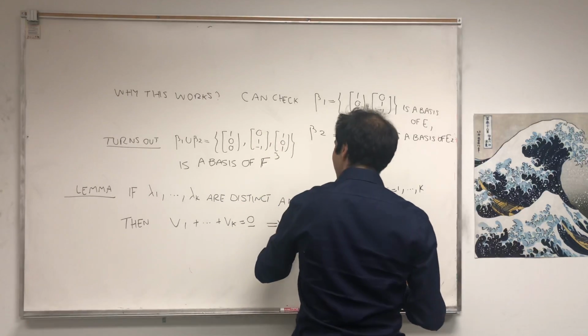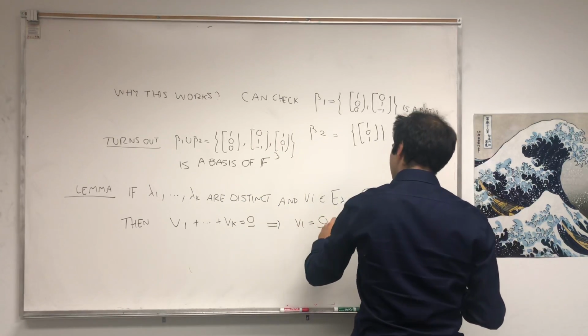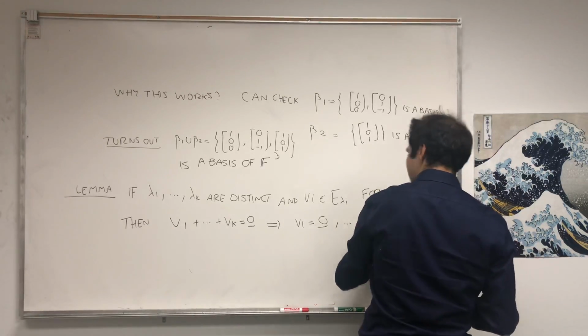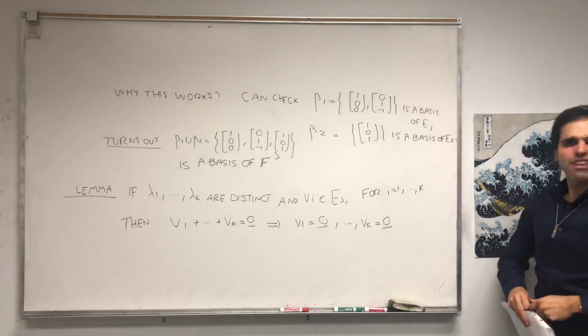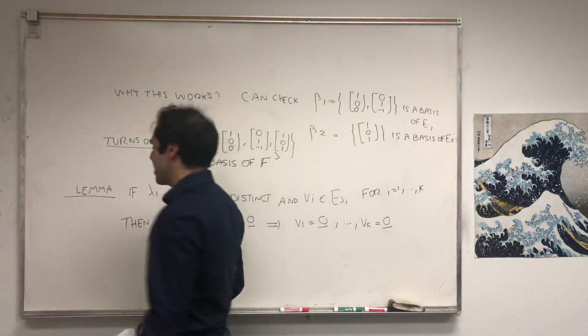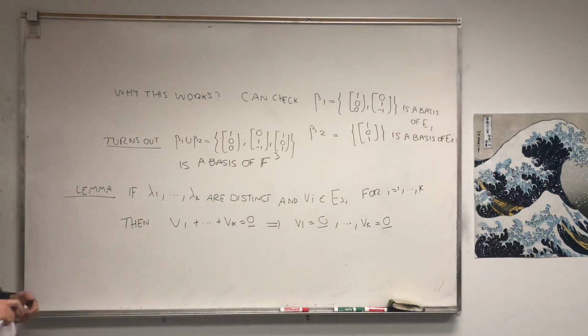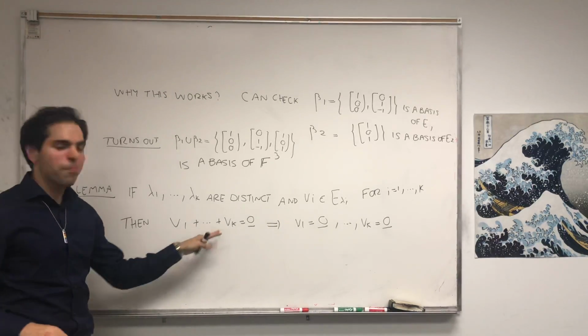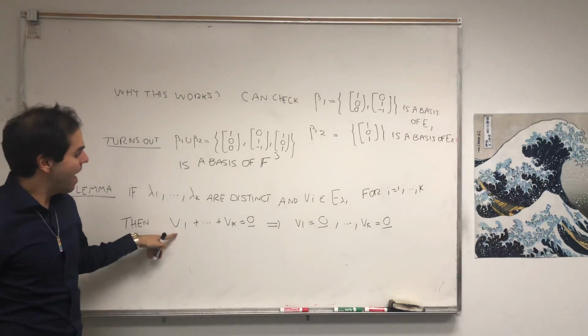it turns out all of them are 0. V1 up to Vk are 0. Which is a very strange property to have, that if you sum everything and you get 0, the only way to get this is the 0 vector. And if you know direct sums, that's one of the properties of direct sums.